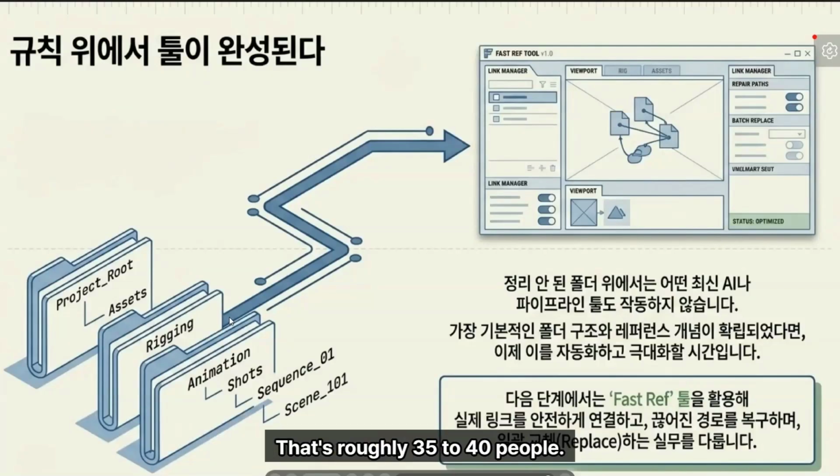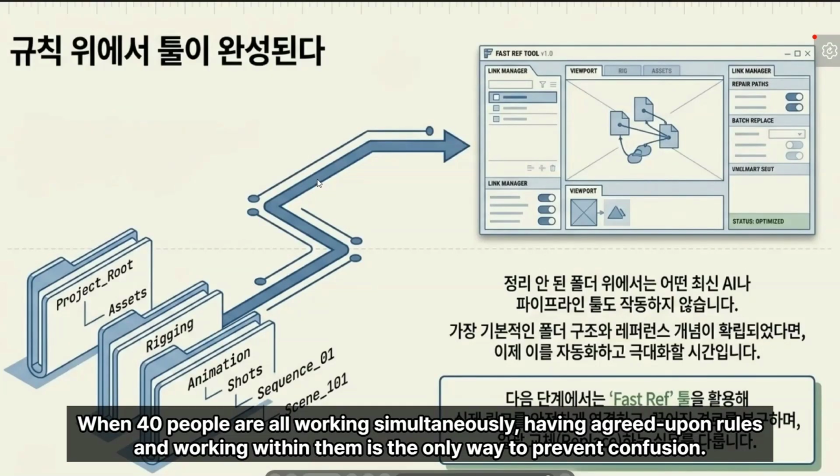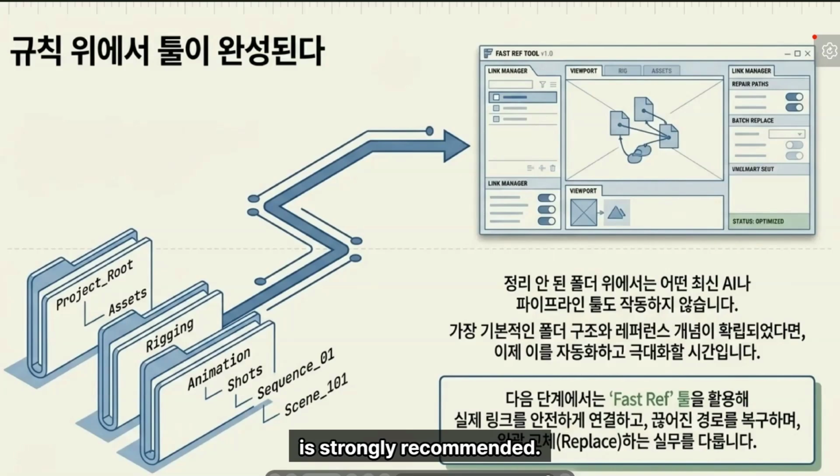When 40 people are all working simultaneously, having agreed upon rules and working within them is the only way to prevent confusion. Internally, establishing these folder rules and making it clear which folders must never be touched is strongly recommended.